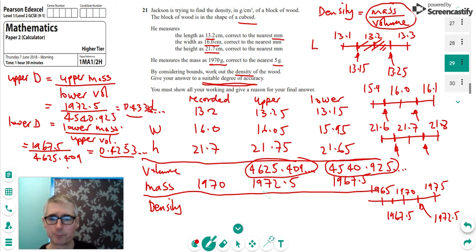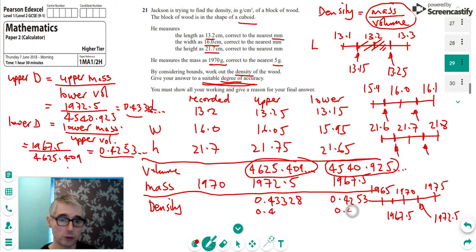I'm continuing on. What we need to do is give our answer to a suitable degree of accuracy. We've got an upper value at the moment of 0.43328, and a lower value of 0.425. And our suitable degree of accuracy is the point to which the upper and lower values both agree with each other. To one decimal place, we get 0.4 here, and 0.4 for this one.